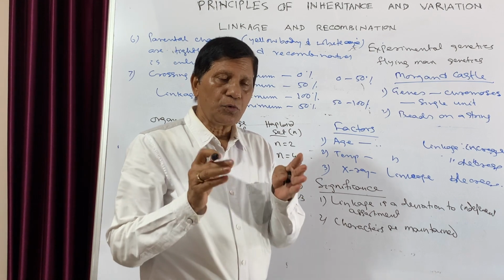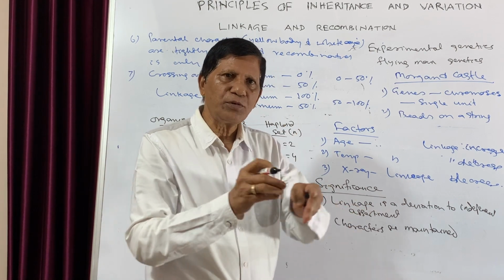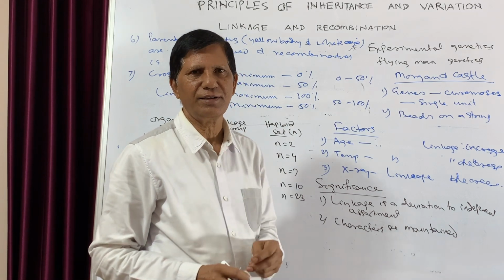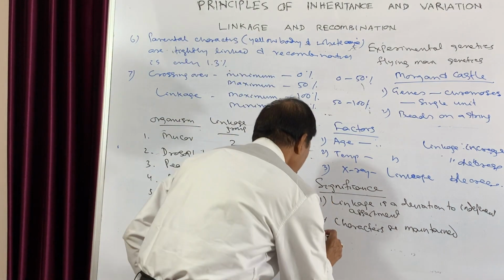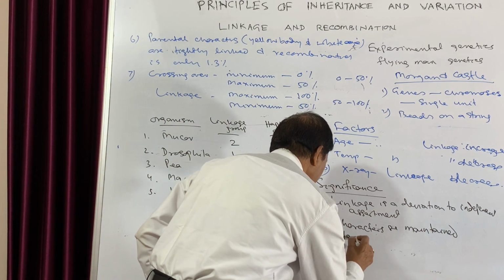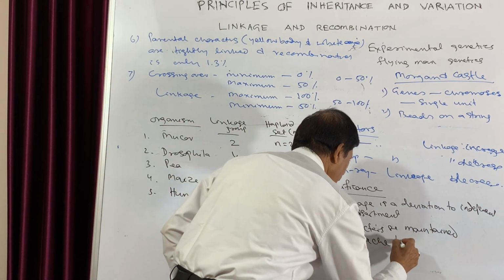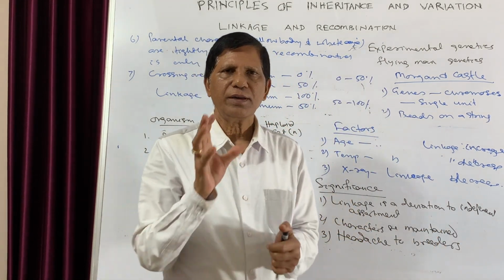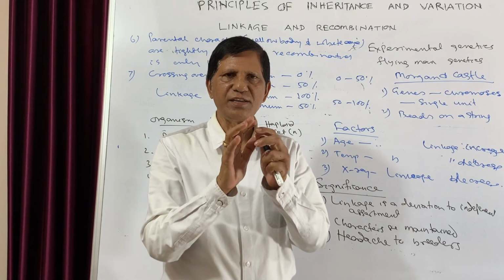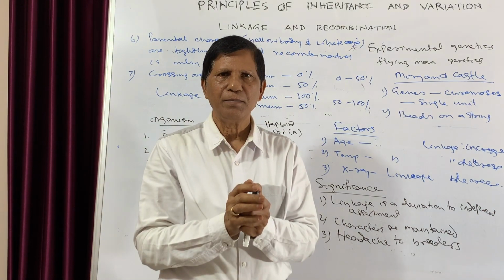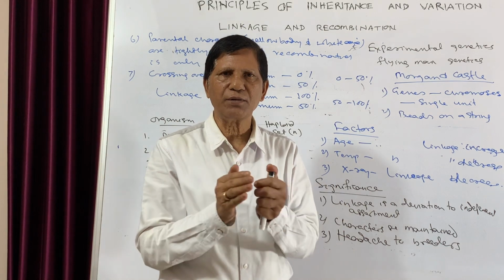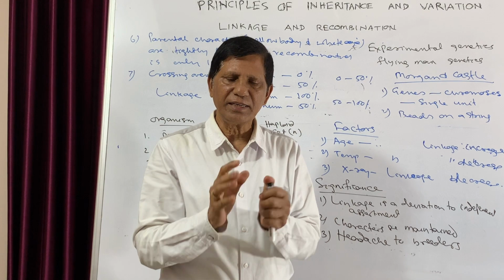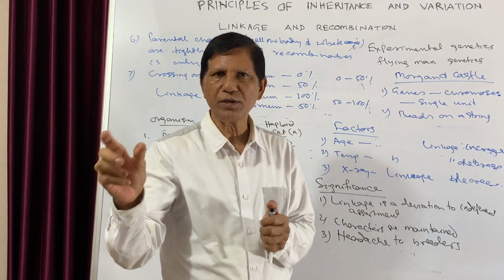But suppose one good character is linked with one bad character, then that is a headache to the breeders. How? Suppose in a mango plant, the size of the mango is very big, but it is sour because both are closely linked. But the breeder will always try that the size of the mango should be accompanied with the sweetness.